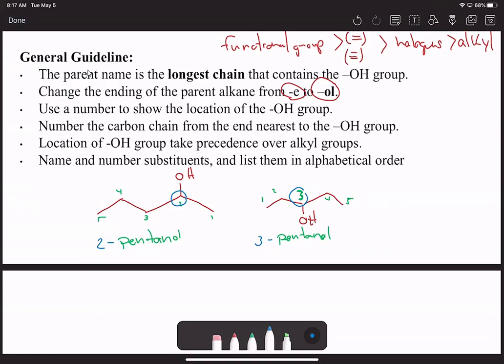So if we draw another structure, here the alcohol group happens to be on carbon number 2, so this is going to be 2. I'm going to drop the E from butane, and I'm going to write in this OL, so I have 2-butanol. We could put it on carbon number 1. Let's try that.